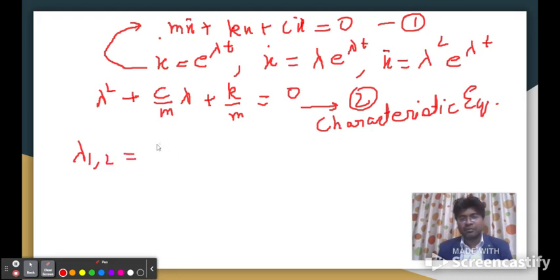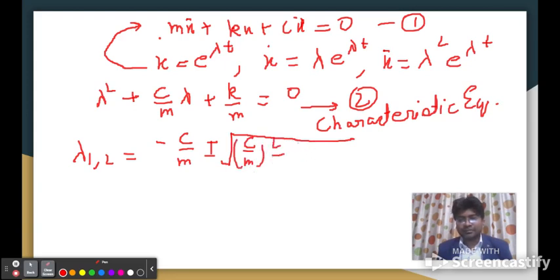From the above equation we know that the solution lambda 1, 2 equals minus c by m plus or minus root of b square, that is c by m whole square, minus 4ac, that is 4k by m, divided by 2a.